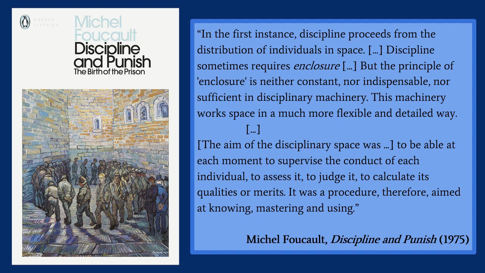But for now, just to give you the broad strokes outline, Foucault is examining this phenomenon of the birth of the prison. So he says in France in the 18th century, there weren't that many prisons. It wasn't the standard thing for if you're found guilty of a crime, you will be sent to prison.